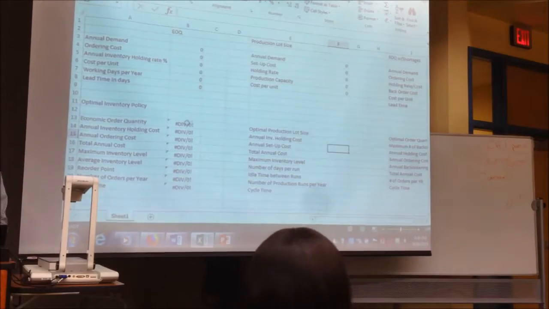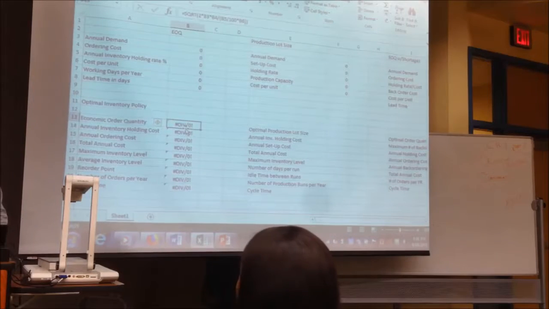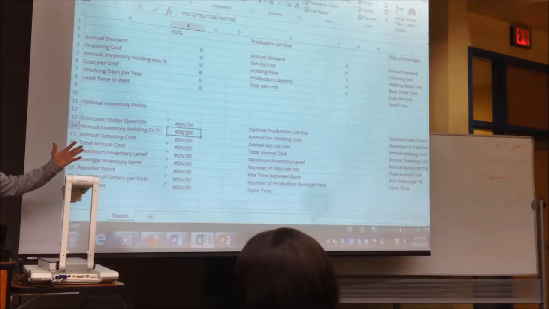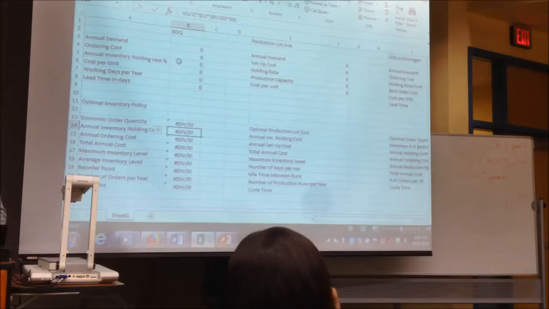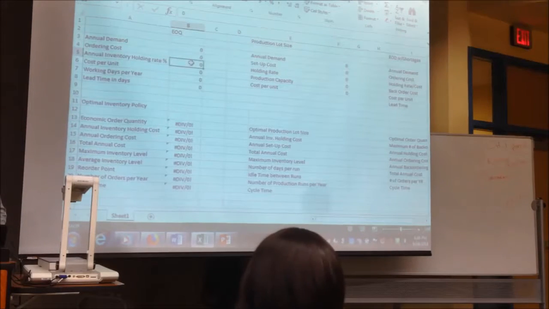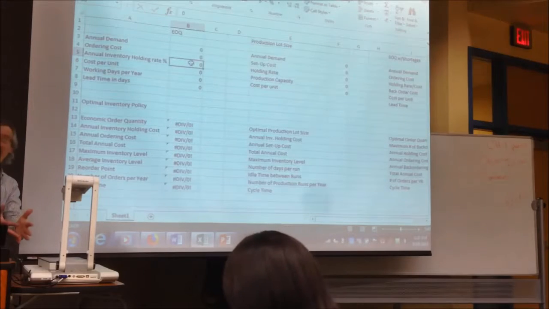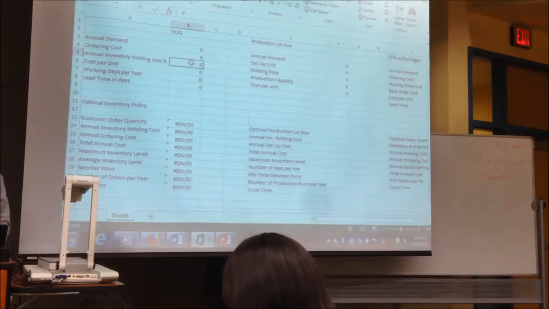Real quick, just again how I did it. All cell locations go here. This is just the holding cost part of total cost. Again, cell locations. Oh, here's what I wanted to mention. See how it's referring to annual inventory holding rate? Some of these problems say 10% of the cost of the item, 20% of the cost to make an item, depending on which one you're looking at. If it says 10%, this is going to be a 10. And then it says here, cost per item, let's say it's the barometers, $50.